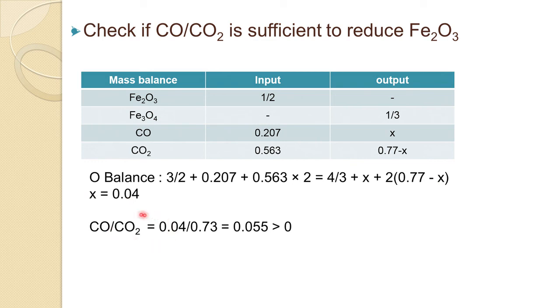If you do the CO2 ratio, then 0.04 over 0.73 comes to 0.055, and really it's more than negligible what we needed from hematite to magnetite. So it's quite enough that ratio to reduce the hematite into magnetite.